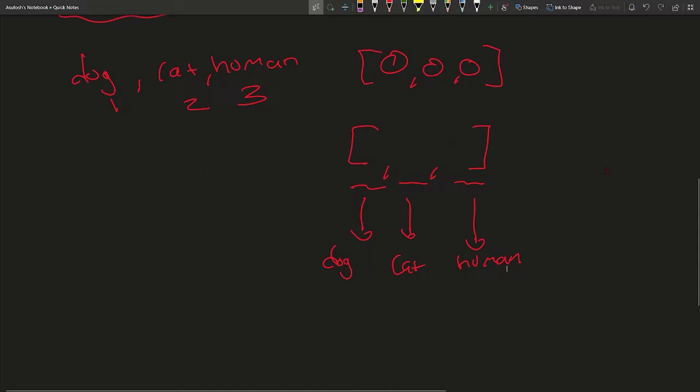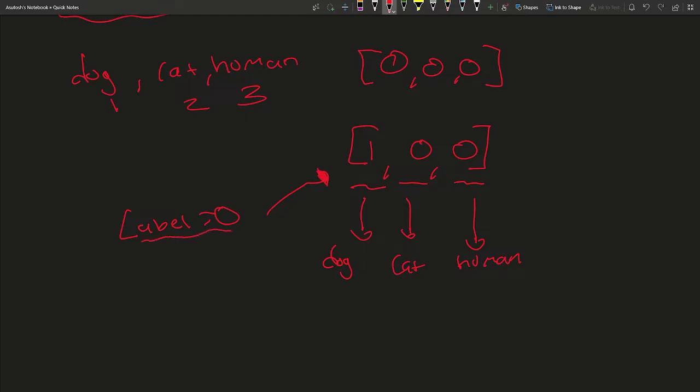So say you pass an image of a dog to a neural network. The one-hot encoded vector for that specific data will look like this: 1, 0, 0. So if the label was 0, this is what it will look like.